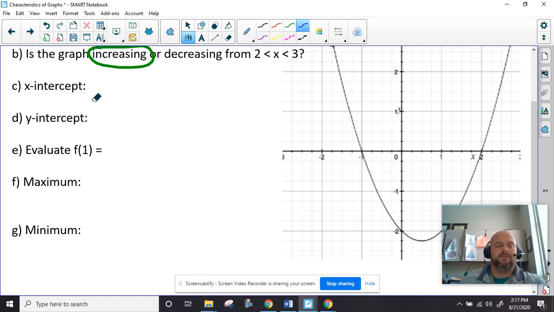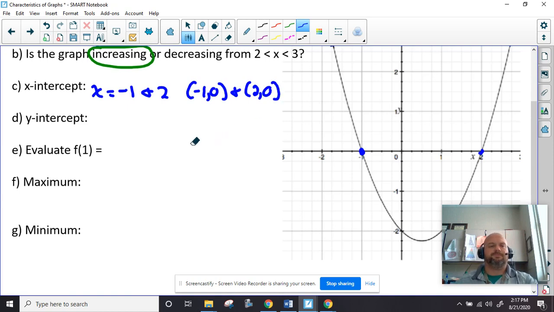Now, x-intercept, let's look, it touches here and here. We have two. We have the x-intercepts, this could be x equals -1 and 2, or if you wrote it as a coordinate point, okay?